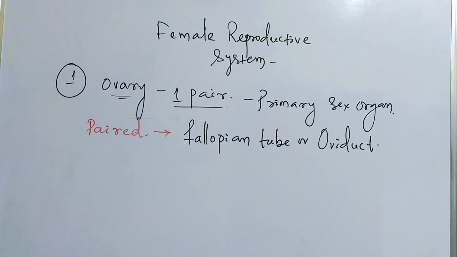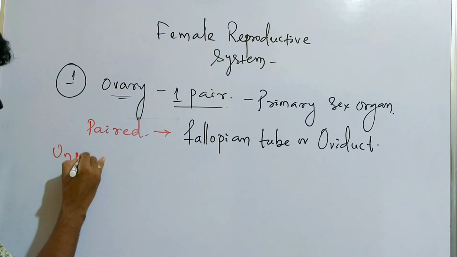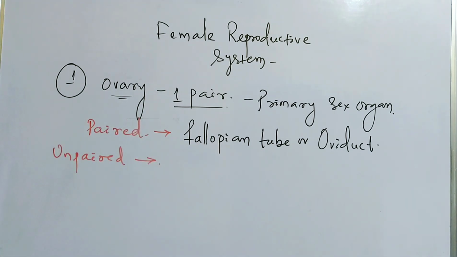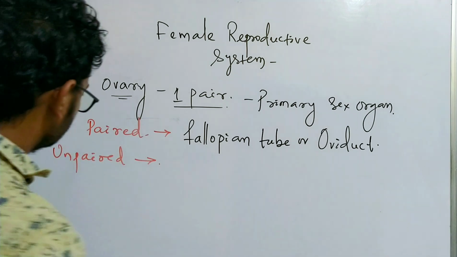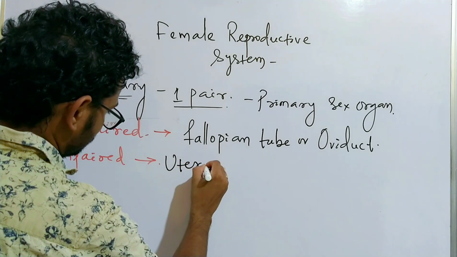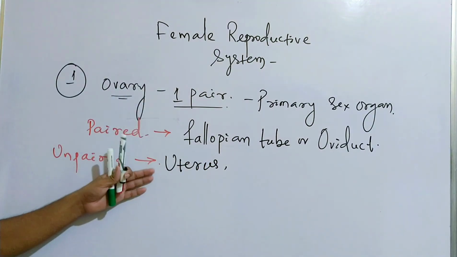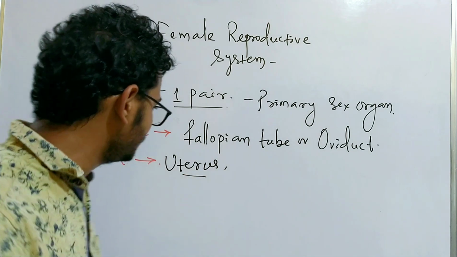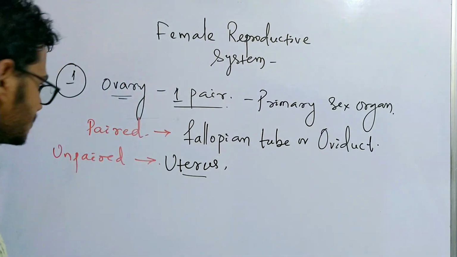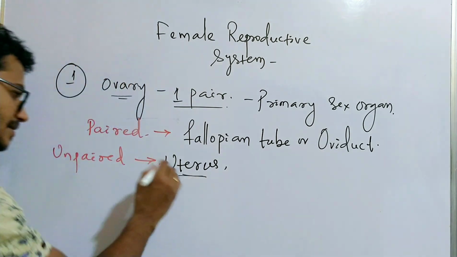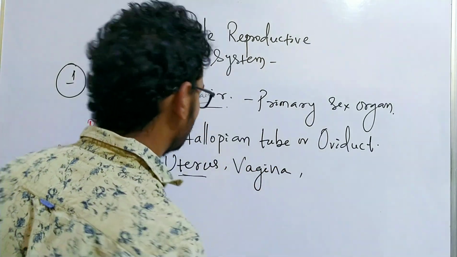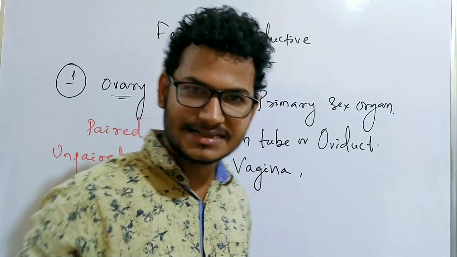The other ones are the unpaired structures, which are present in one in number, and they are the uterus. The uterus is the important structure responsible for holding the child during its developmental stage. Implantation takes place here. Next, the vagina, the copulatory organ through which the penis enters.